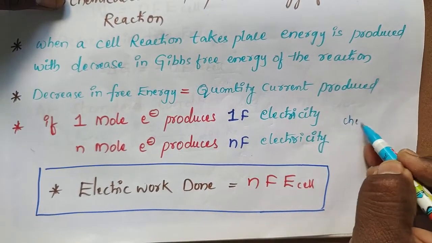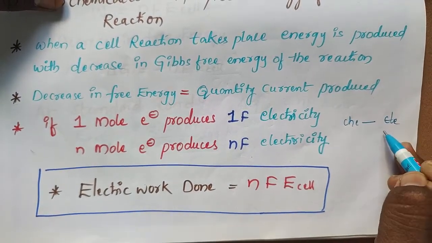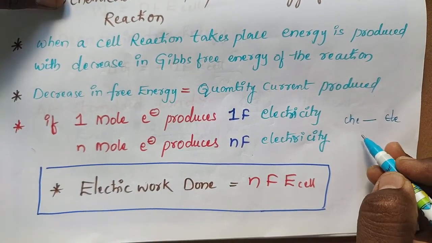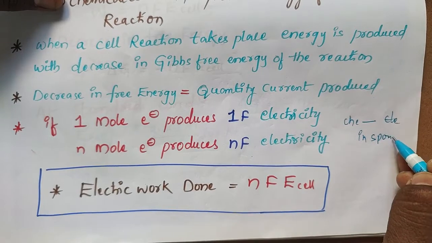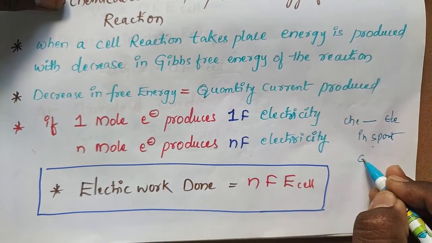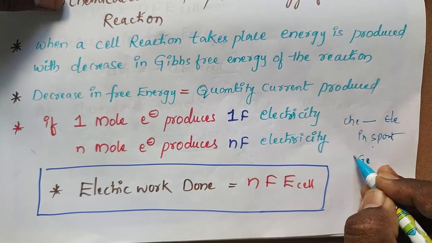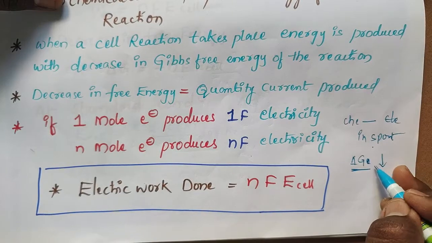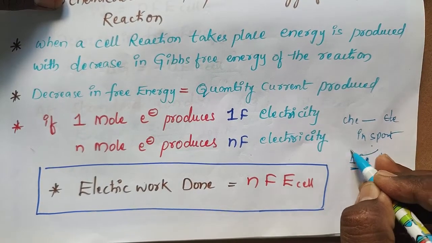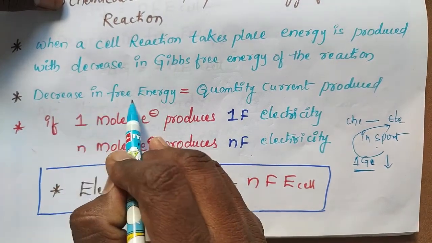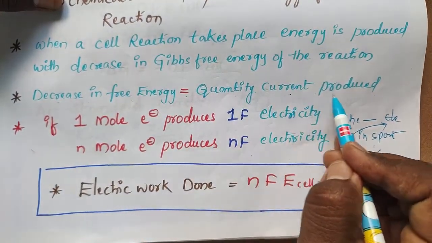Chemical energy is converted to electrical energy in electrochemical cells. In a spontaneous chemical reaction, the Gibbs free energy delta G decreases, and that equals the amount of electricity produced.